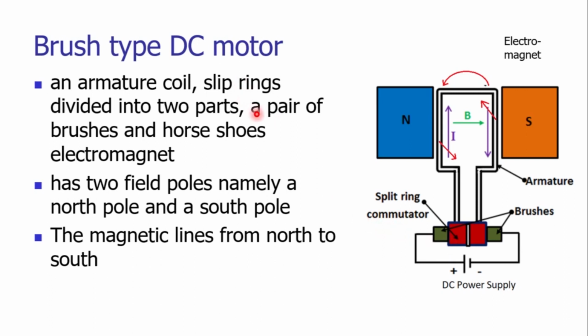There is a pair of brushes, and those brushes are in contact with the split ring commutator. The DC power supply is applied to the armature coil through brushes and split ring commutator. The DC motor has the important element, that is an electromagnet. It has two poles, that is a north pole and the south pole.